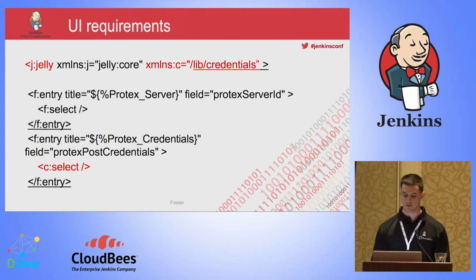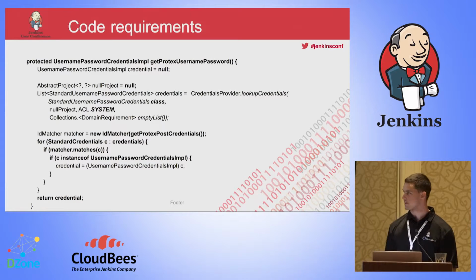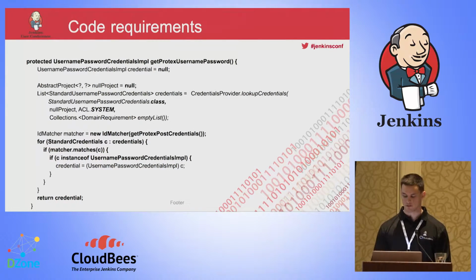You add the library for the credentials and the C-select, and it's that easy. Now you have a drop-down in the UI with all the credentials available. And then populating that list in your descriptor, here's a code example of how to do that. It's very simple. There's a lot of plugins out there that do it. And the slides will be available, so if you want to add credentials, here it is.